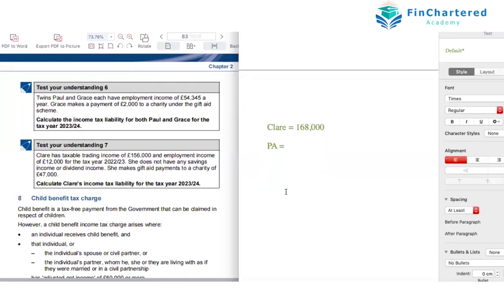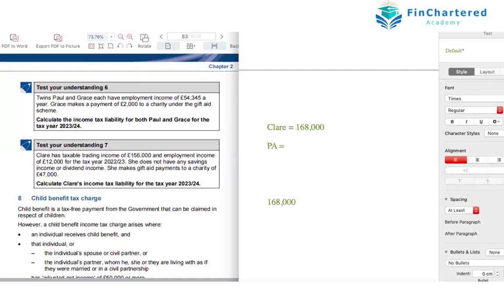It's very simple that the personal allowance is 12,570, but get the adjusted net income. And we've seen in an earlier chapter what happens with donations for adjusted net income.